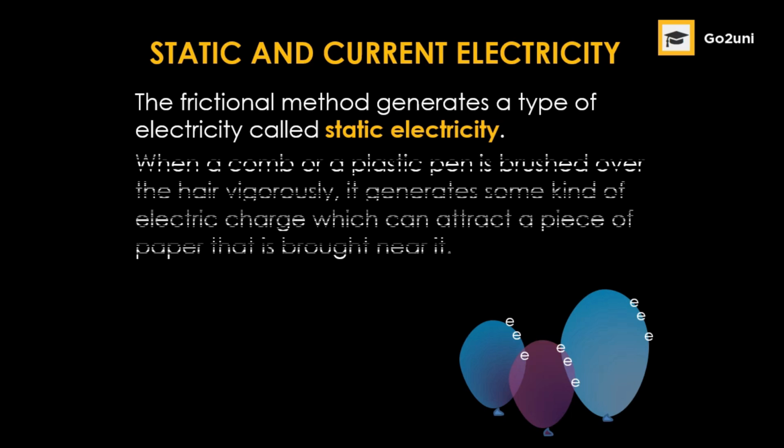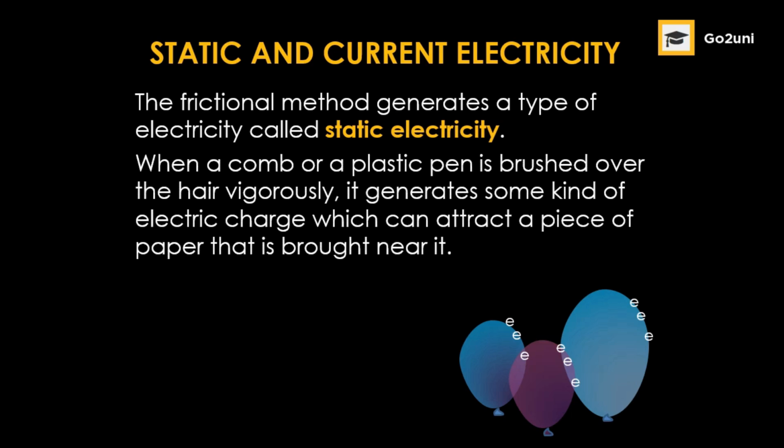A good example of such kind of electricity is when we brush our hair with a plastic comb or vigorously let a pen go through our hair, or we can also observe that when a glass rod is being wiped with a silk material.